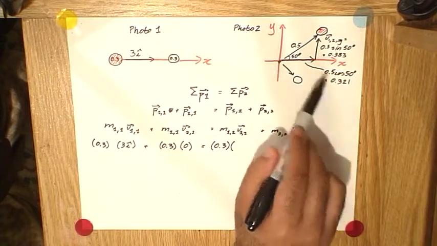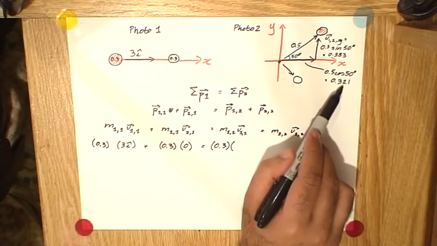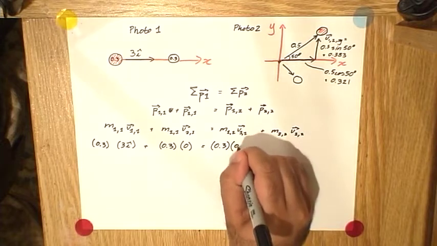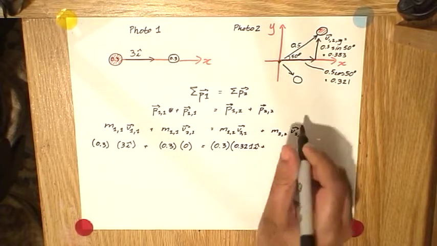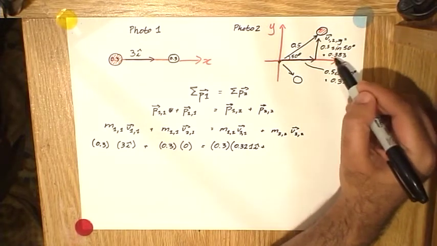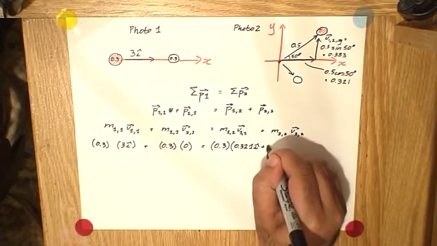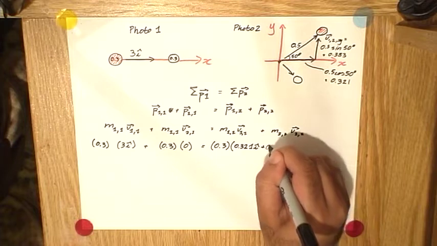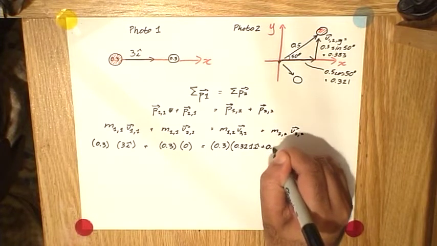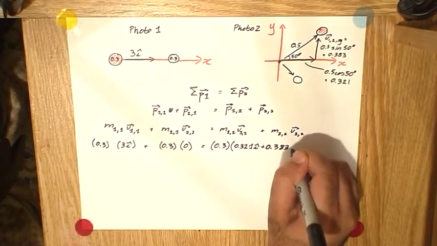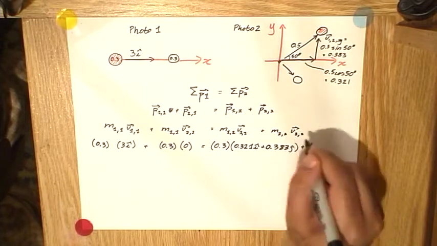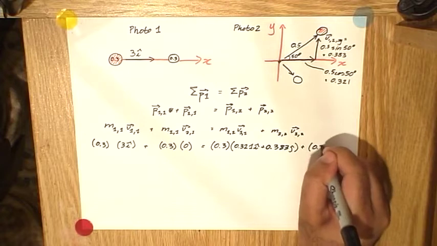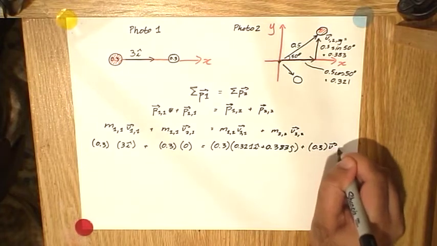So the velocity of ball 1 in photo 2 is horizontally 0.321, and vertically 0.383. So we would express all this as 0.321 i hat plus 0.383 j hat, plus mass of the second ball, 0.3, times velocity of the second ball.